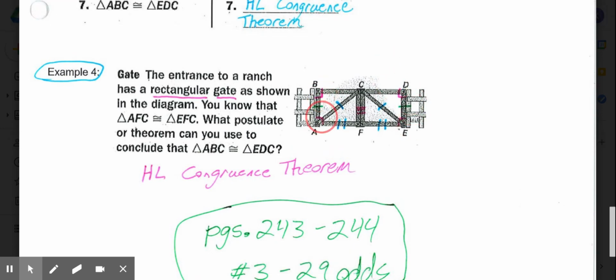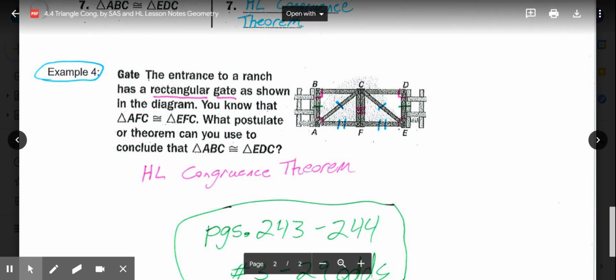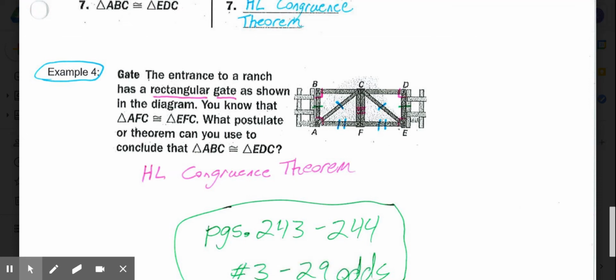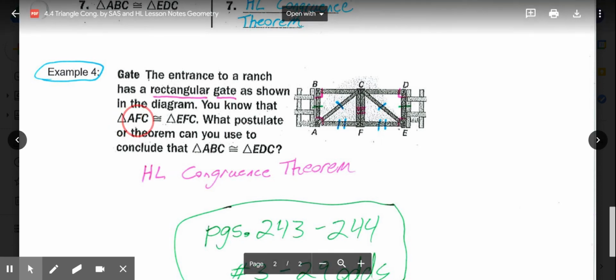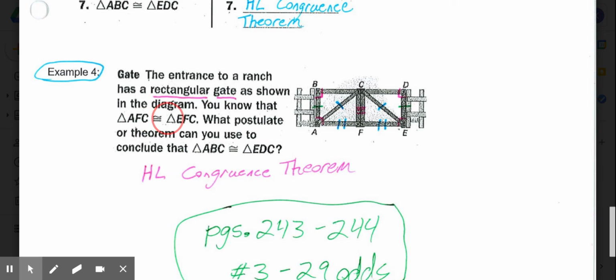And then I know side AB is congruent to side DE. And then the whole top, B to D, would also be congruent to the whole bottom, A to E. Just some info we already know. Then, we also know, as it says here, that triangle AFC is congruent to EFC.